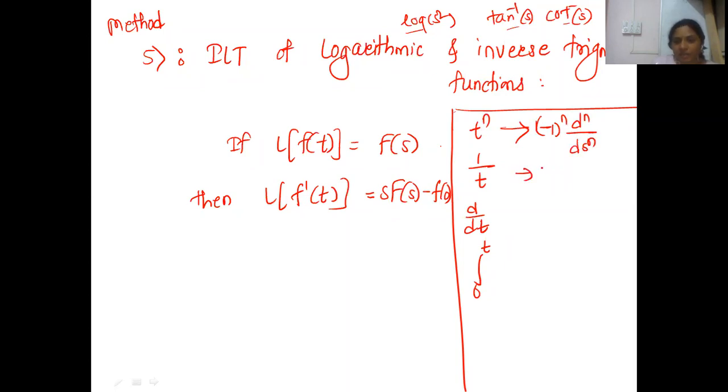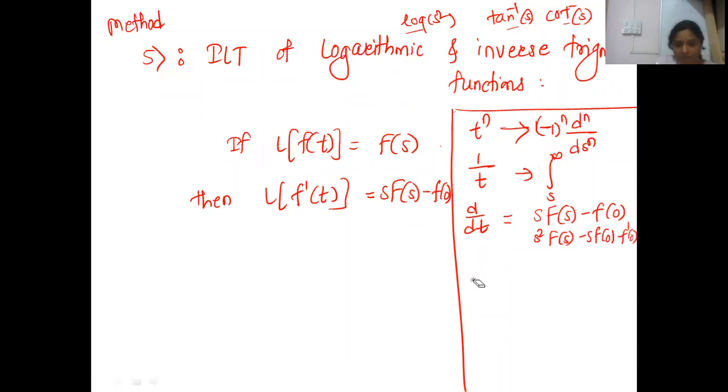Division केल्यावर इकडे काय केलं, integration घेतलं s to infinity. आणि इकडे जर function चे derivative घेत असाल तर इकडे केला तुम्ही s into f of s minus f of 0. आणि जर इथे double derivative असेल तर s square f of s minus s f of 0 minus f dash of 0. हे असे formule आठवले का?